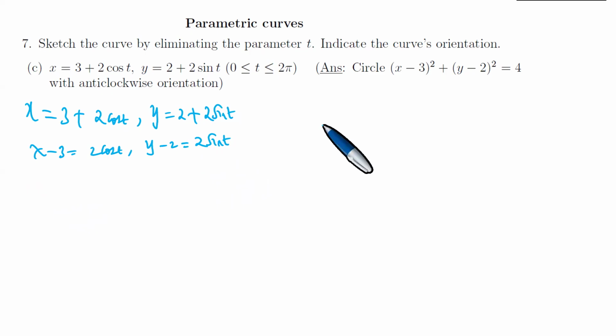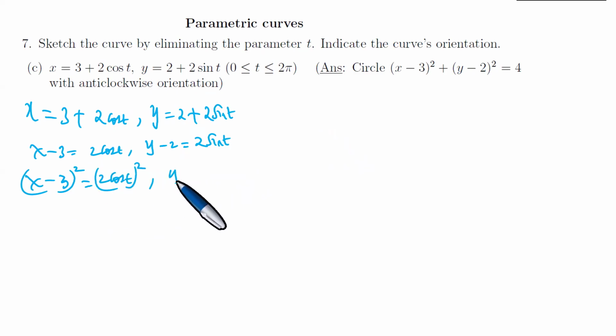And then you continue to look at this, and then you square both sides. You square this one: x minus 3 equals 2 cosine t, you square this. Y minus 2 equals 2 sine t, you square this.